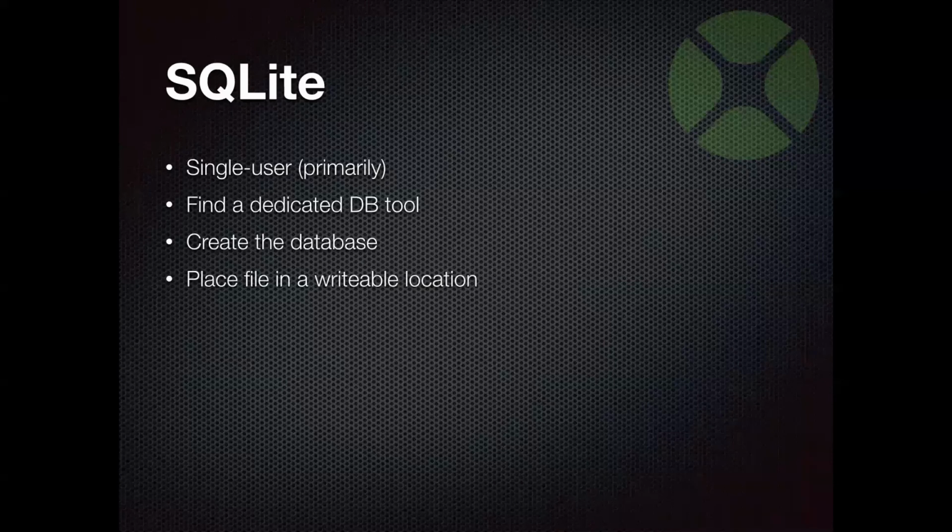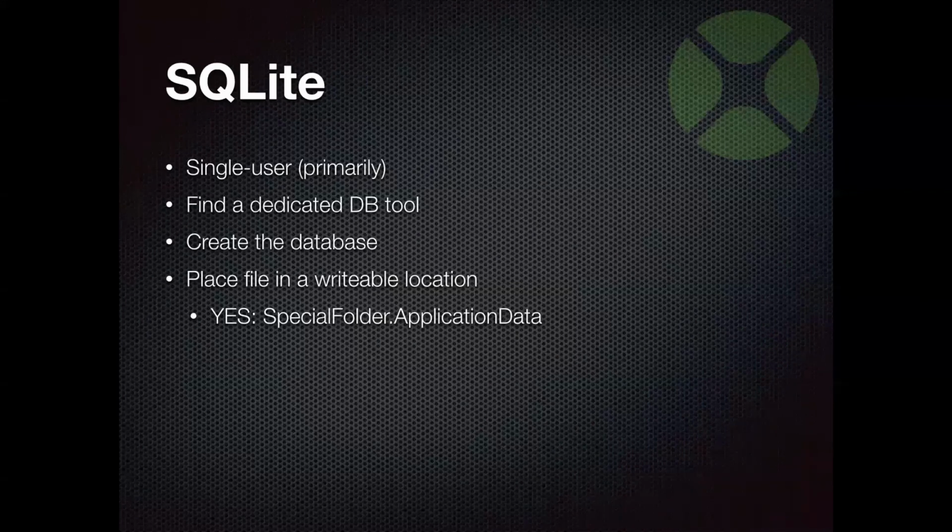An important thing to think about with SQLite is where you put the database file, because you obviously are going to want to write to it. So you have to put it in a writable location. And so that means you want to pick a location the operating system provides read-write access to. Xojo has a special way to look that up.